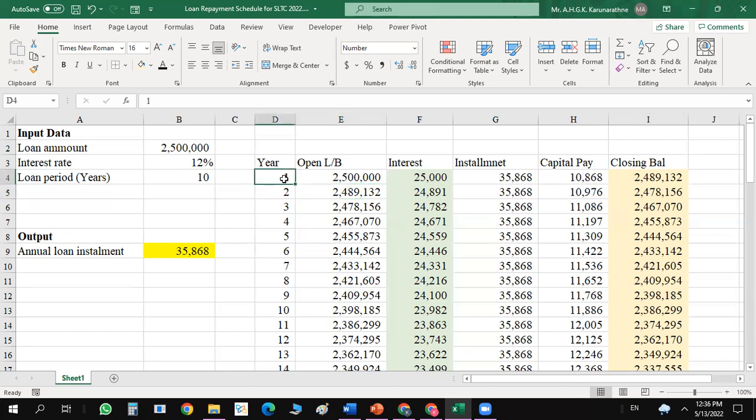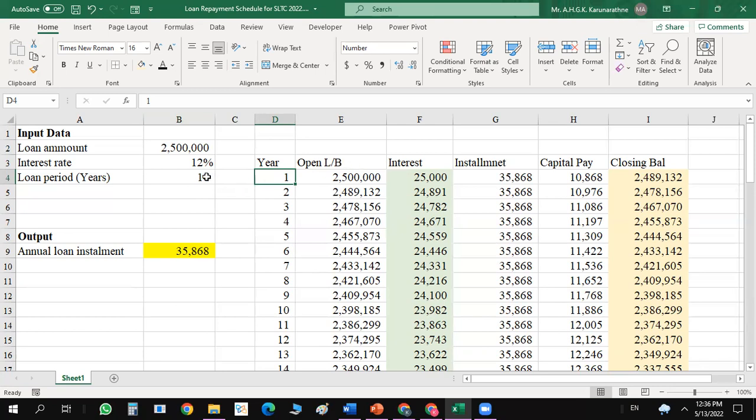ඔයාලා හදන්න බලන්න, creative පැත්තෙන් හිතන්න. Let's say if the loan period is 5 years, your model automatically develops and adjusts for 5 years and 60 months only.